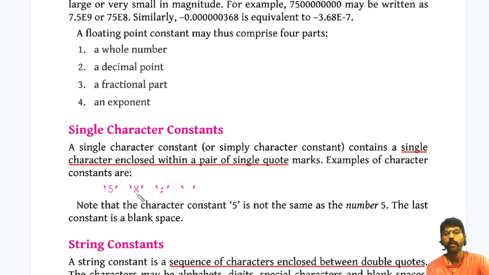Here the character may be an alphabet, a digit, any special symbol, a blank, any character, but it should be kept in single quotes. Then it is called a character constant. Remember, '5' is not an integer because it is represented with single quotes on both sides. So it is called a character.